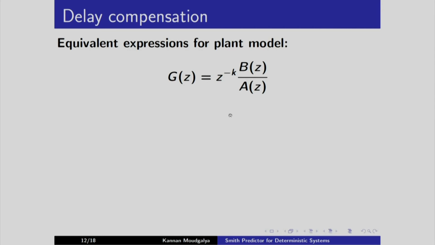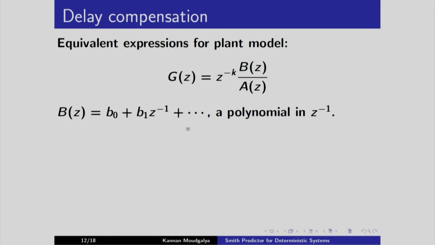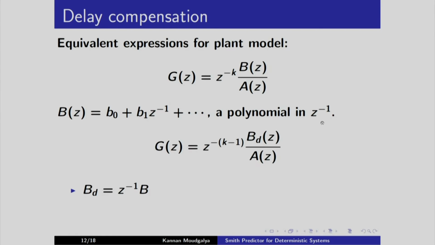Now let us discuss how to implement this formally, delay compensation. So let us start with the general delay of k, where b is a polynomial in z inverse, and we will also assume b naught to be not equal to 0.